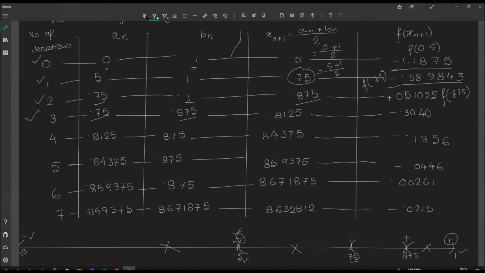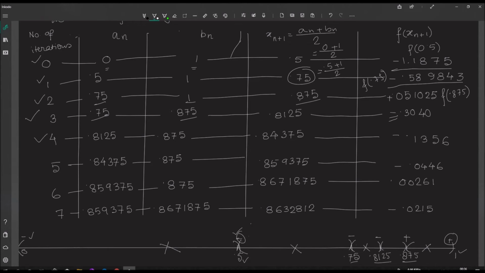In the same way, we have already got 0.8125. Now that gives the result of f(x) as minus. So simply once again we can eliminate that range. So the range becomes from 0.8125 to 0.875.